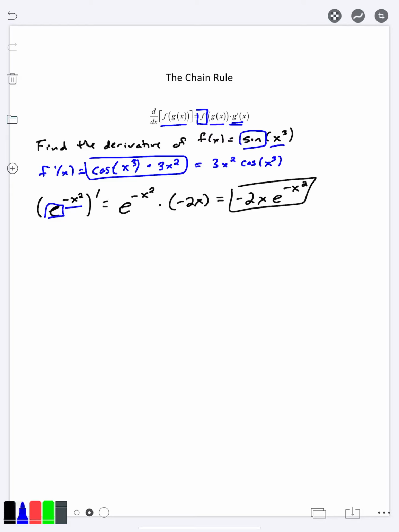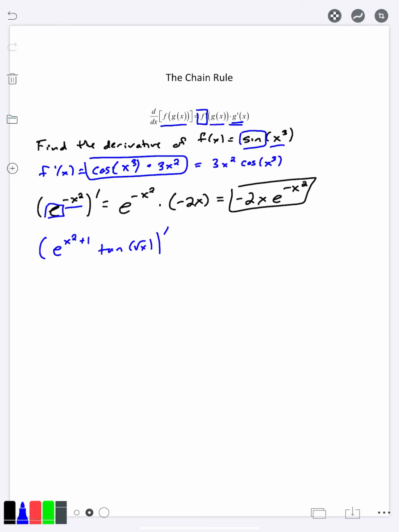Or I could say take the derivative of, let's say, e to the x squared plus 1 times tangent of square root of x. And you see here we have two different functions multiplied, and so we're going to start with the product rule.